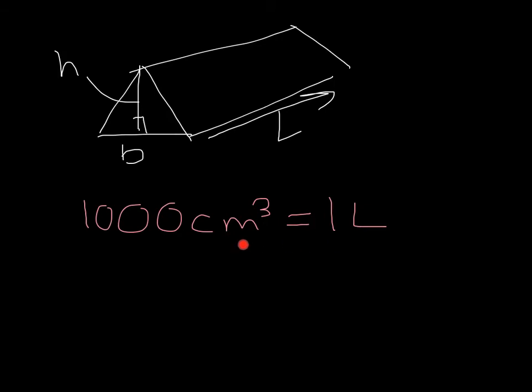When you end up with your solution in centimeters cubed, you have to convert it to liters, because if we're looking at a fluid, we're looking at how many liters it fills. So you have to switch your number from centimeters cubed to liters. Okay, let's get started with our first question now.